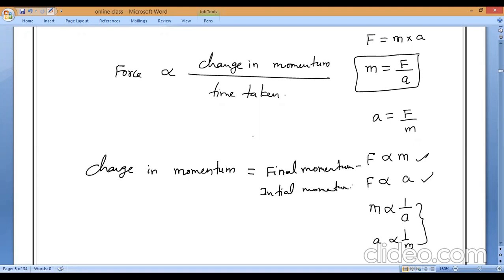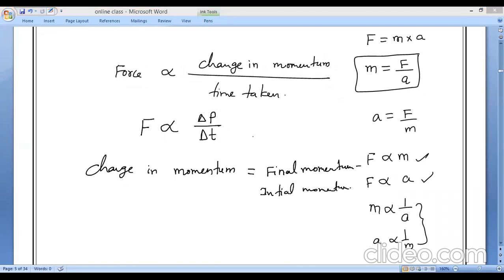Now, here also we are going to do the same thing. So force is directly proportional to change in momentum by time taken, which we represent in mathematical way: F is directly proportional to delta P divided by delta T. This is the symbolic representation.